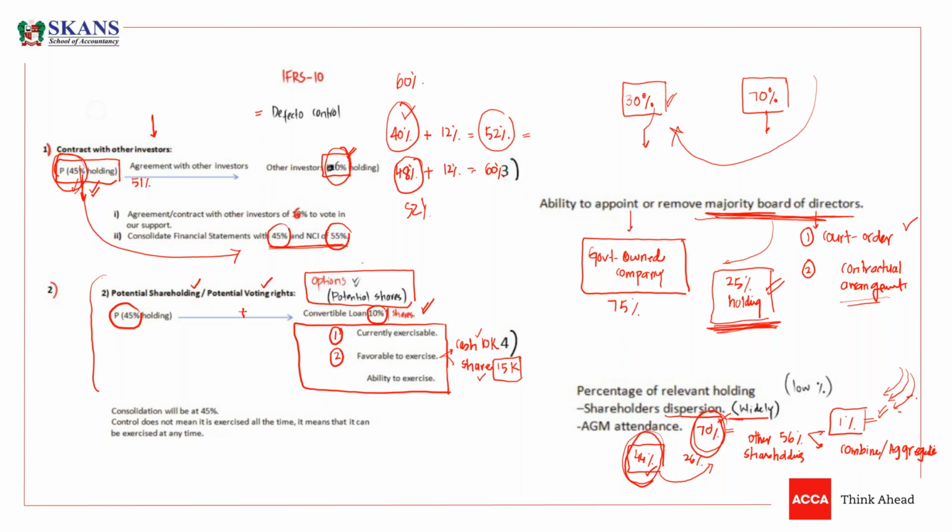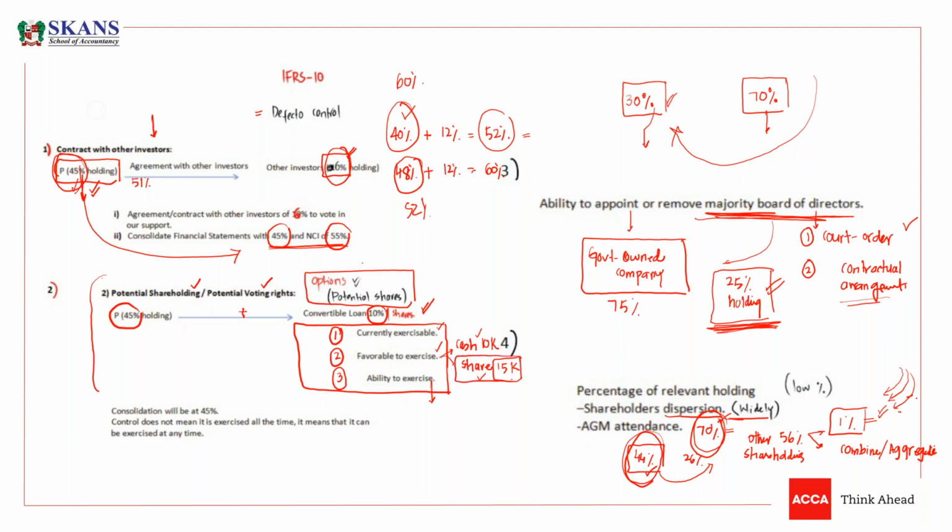Obviously, shares. This is called favorable to exercise. So currently exercisable, favorable to exercise, and the third one is ability to exercise. Ability to exercise means you have the ability, after conversion, to keep these shares with you.